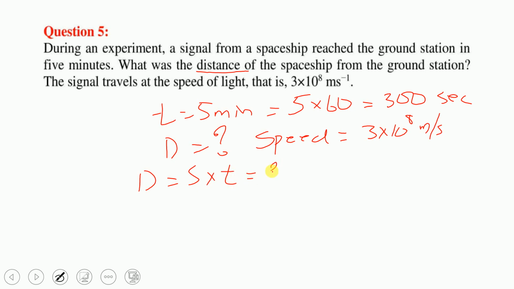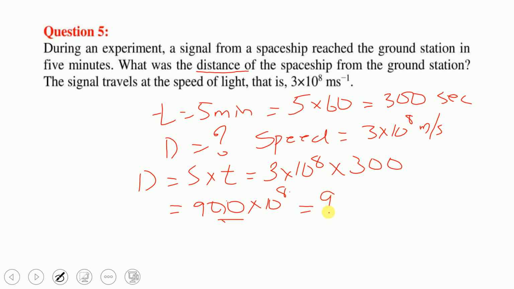Speed is 3 into 10 raised to 8 meter per second, into the time taken, that is 300. So 3 3s are 9, that is 900, into 10 raised to 8. Now these two zeros can be added to the 8, so it becomes 9 into 10 raised to 10 meter. Now this is in meter.